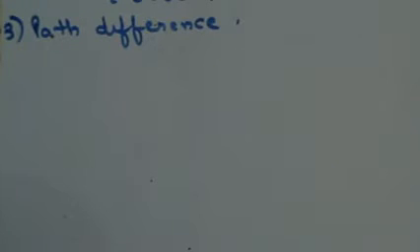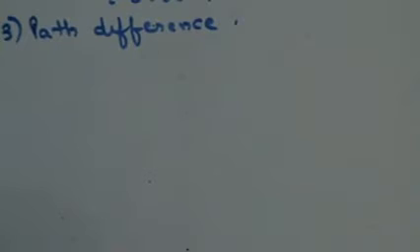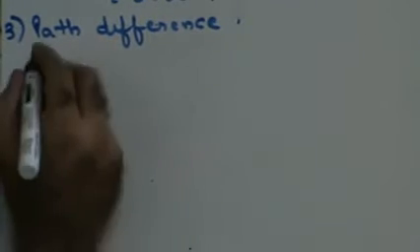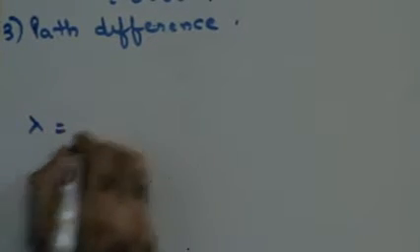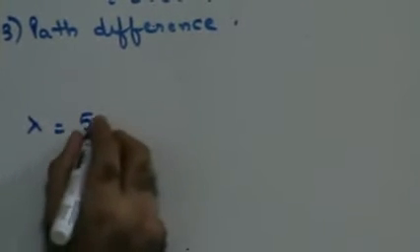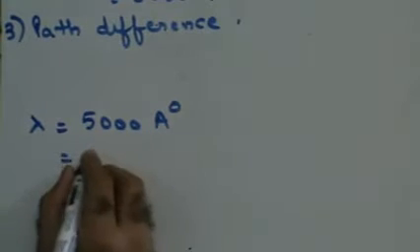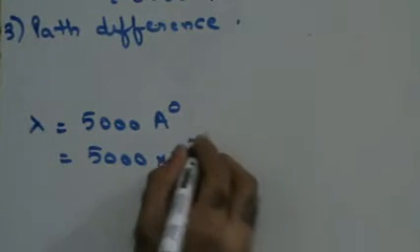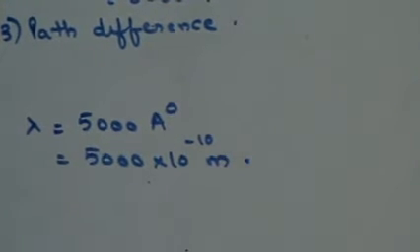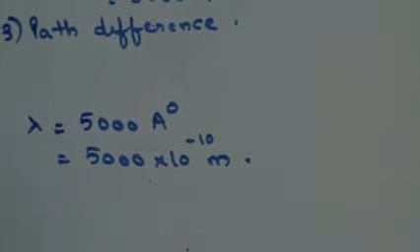Find the nature of illumination if the wavelength of light used is 5000 Angstrom unit.